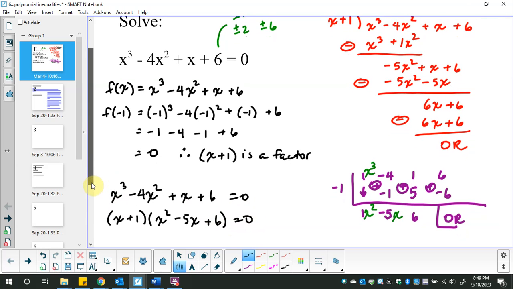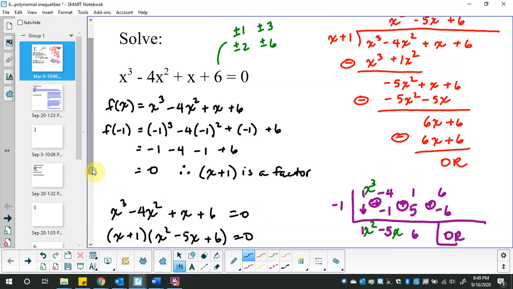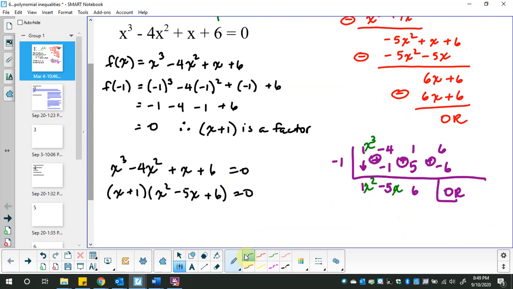I got that either from the quotient of long dividing or the quotient of synthetic dividing. And I'm pretty excited again because I'm looking at this simple trinomial and I don't think I need the quadratic formula.